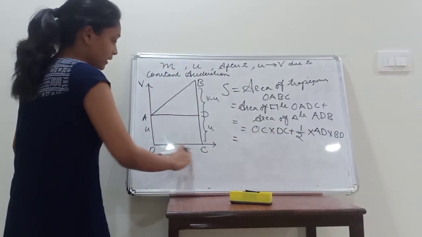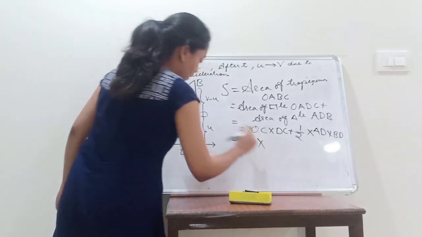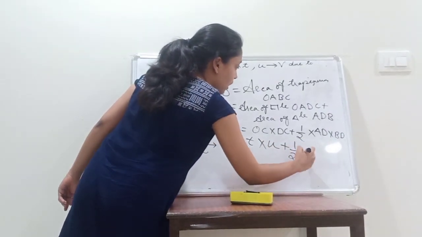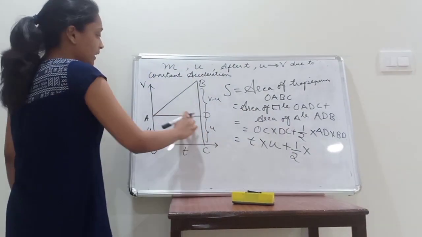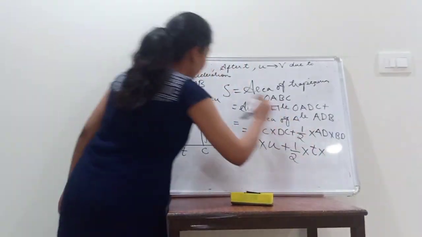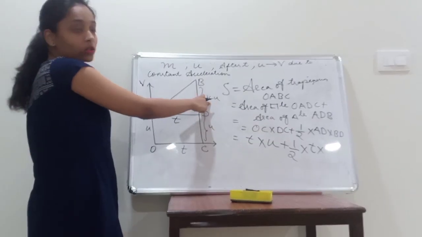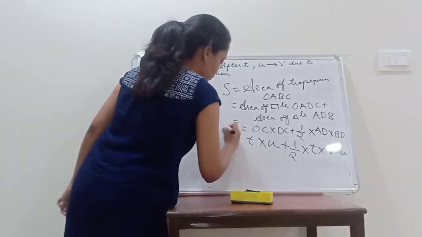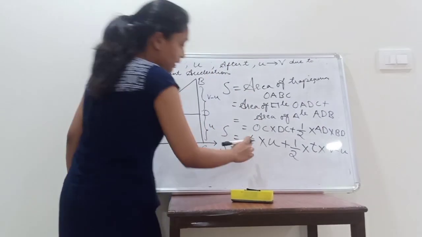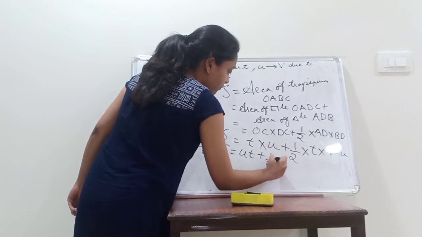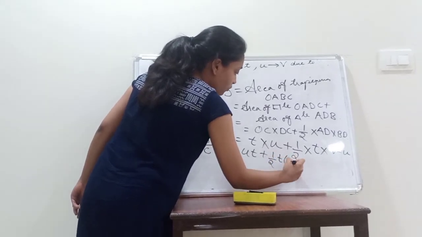OC is time and BC is initial velocity plus half into AD is again time and BD is nothing but change in velocity, which is v minus u. So this can be written as ut plus half into t into v minus u.